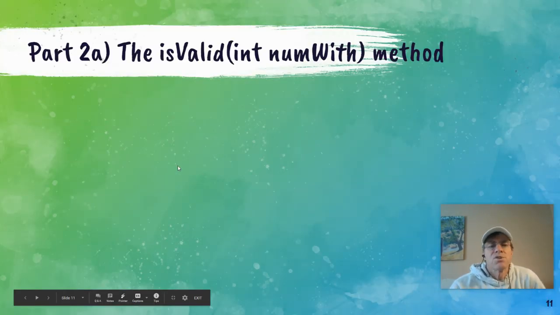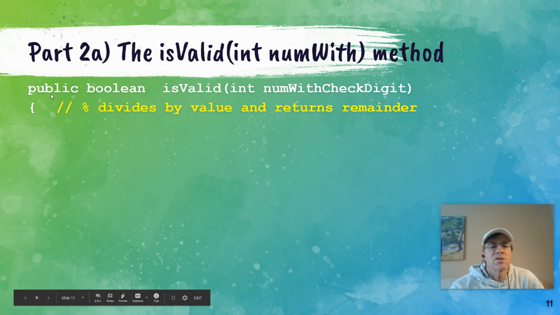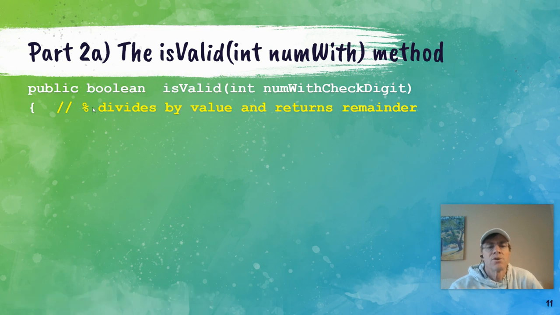So here's my solution to it. Here is the constructor. So it returns a true or false. The name of the method, and again, here's just this. We really could have done a better job with this name: check num with check digit. Okay, not sure what that means. Again, remember that modulus divides one number by a value and then returns what the remainder is.